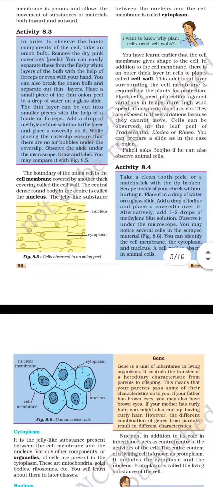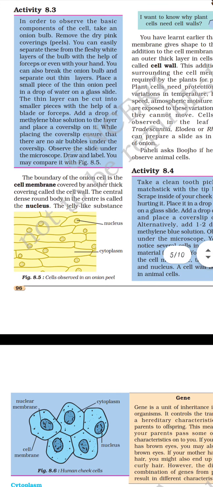So when we observe a cell inside the microscope, we can see that they are making themselves a dense, thick covering around the body, and this dense thick covering is said to be the cell wall.